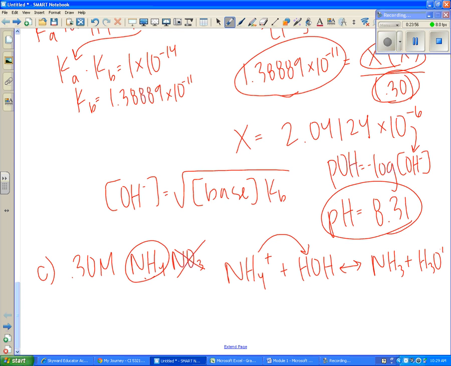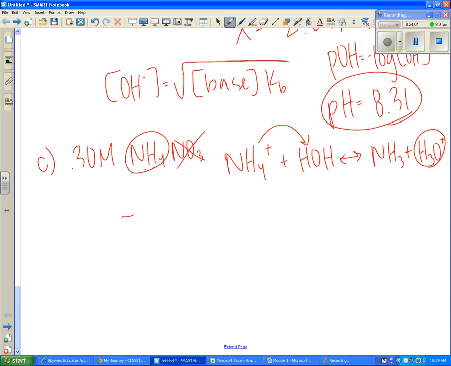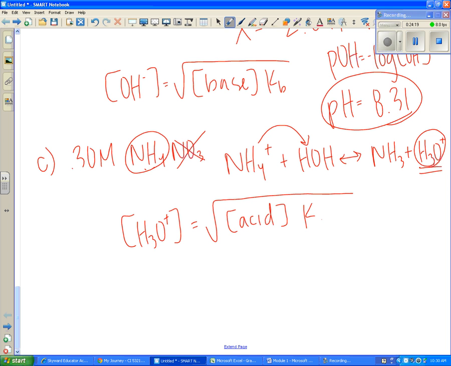H3O+, the hydronium ion, is why the solution is acidic. We have the hydronium ion being produced. We need to know the hydronium ion concentration to find the pH, because this is what affects the pH of the solution. That's equal to the square root of the concentration of the acid times Ka.